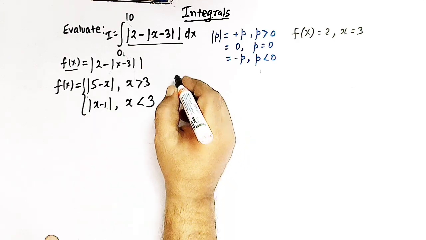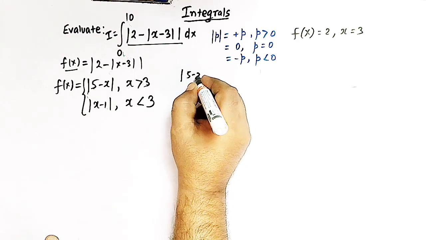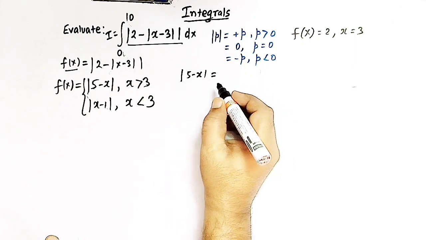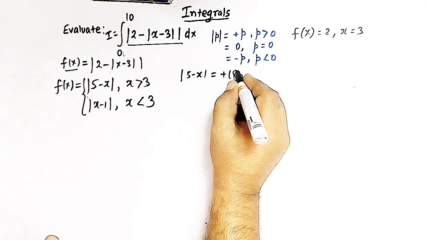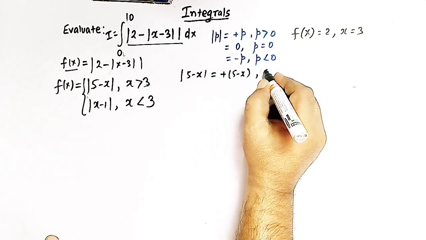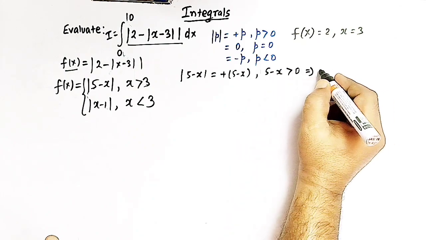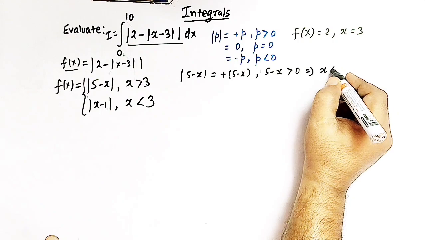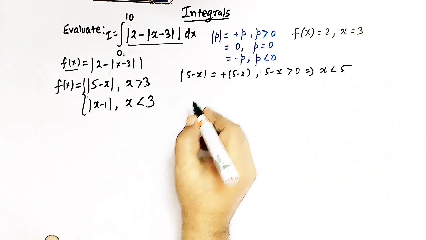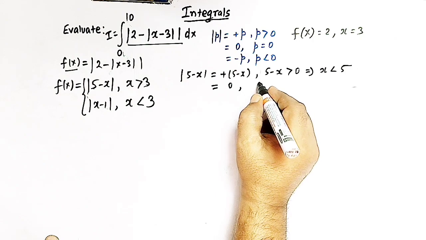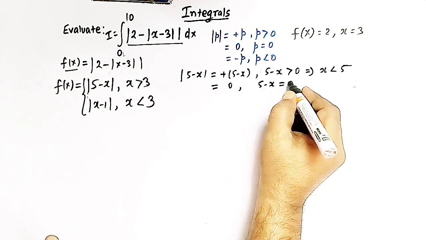So now let us define mod of 5 minus x with the help of this definition. So mod of 5 minus x is positive 5 minus x when 5 minus x is greater than 0. So it implies x is less than 5, and mod of 5 minus x is equal to 0 whenever 5 minus x is equal to 0.